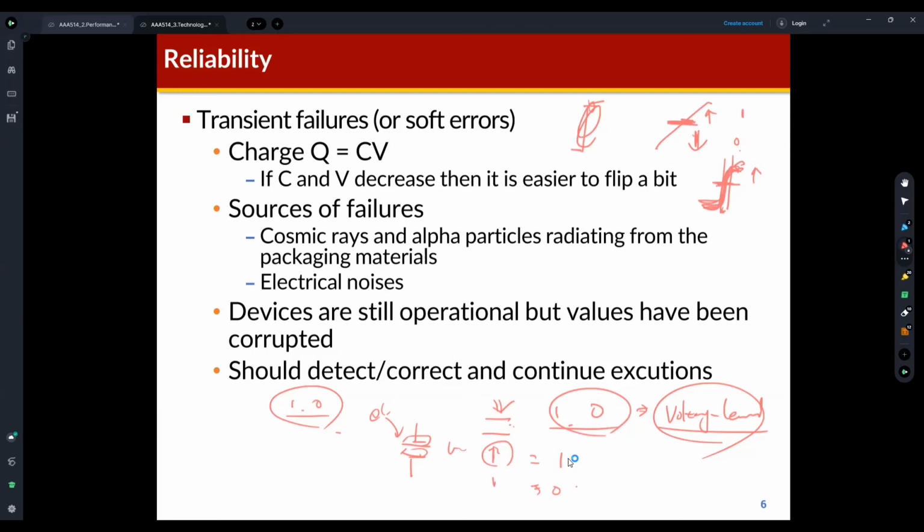Okay, that's the benefit of the digital system. However, the transistor size is very small recently, which means the memory cell size is also very, very small. The size of the memory cell determines the amount of charge stored in this memory cell. So for example, think of the DRAM.